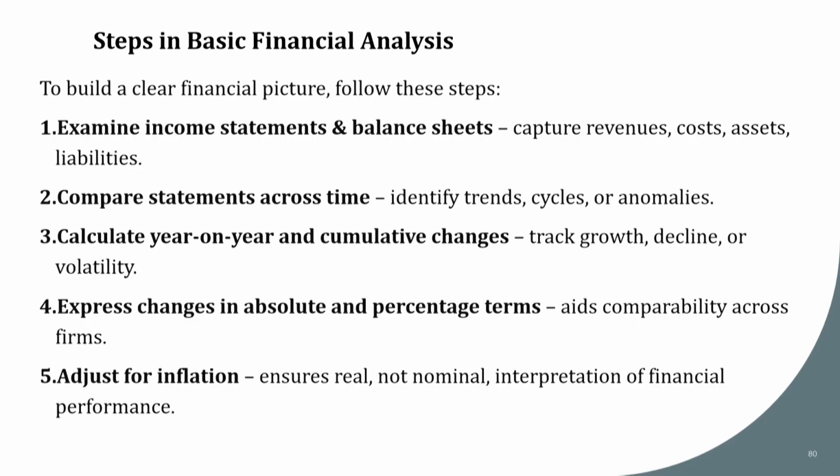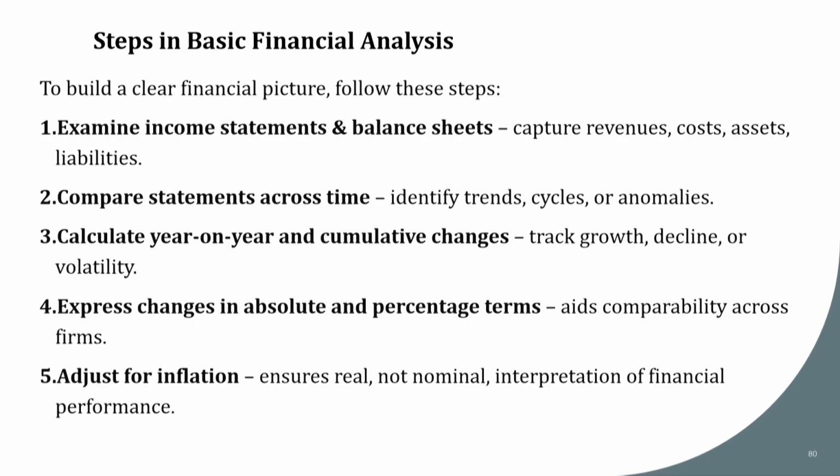And the fourth is to express these changes in absolute terms as well as in percentage terms, and adjust for inflation if required, because when you are doing overtime analysis, you need to adjust for inflation, where you can use the consumer price index as one of the inflation measures. Suppose, for example, a 10% sales growth in a retail chain may shrink to just 2% real growth if inflation is 8%. So, these steps prevent misleading conclusions.